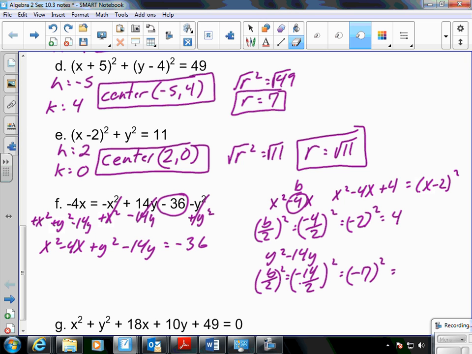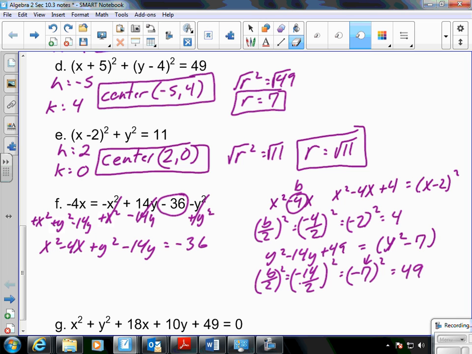And if I square negative 7, I get 49. So that's y squared minus 14y plus 49. And if I factor that, that's going to be y minus 7 squared. Right? Using that negative 7 from right there where we simplified b over 2.